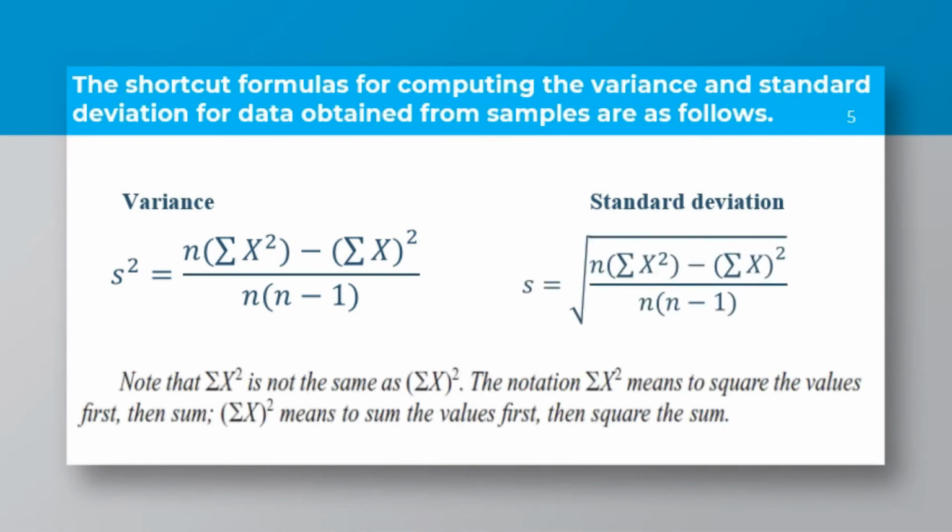Note that the sum of x squared is not the same as the quantity sum of x, squared. The notation sum of x squared means to square the values first, then sum, while the quantity sum of x, squared means to sum the values first, then square the sum.